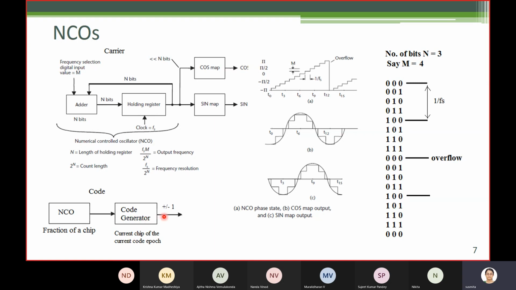So it will output the value of that chip, either plus 1 or minus 1. That will be output from the code generator. And when the code NCO overflows, it is incremented. So together, we get the number of chips in the code period and the fraction of the current chip here.